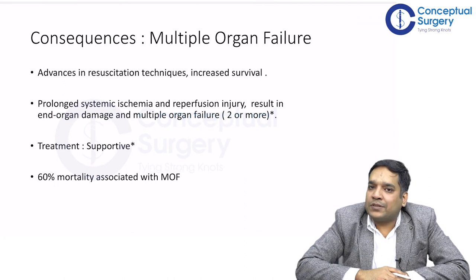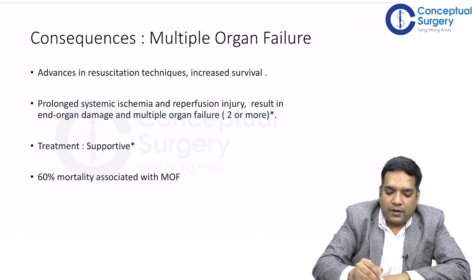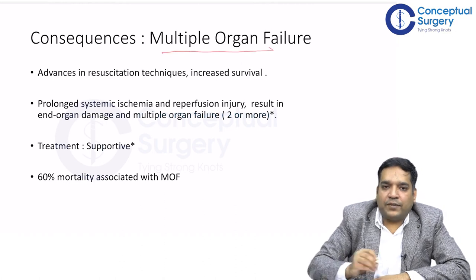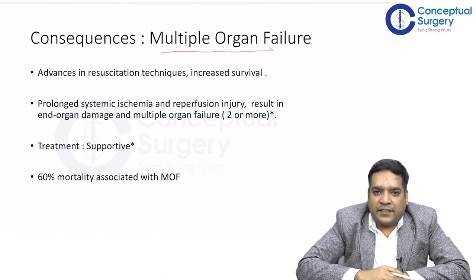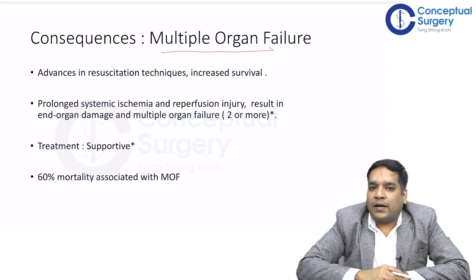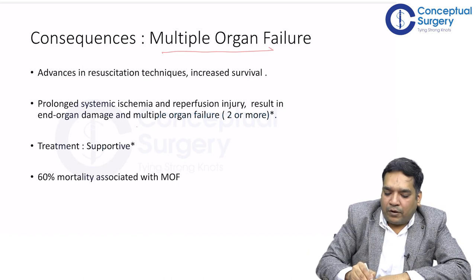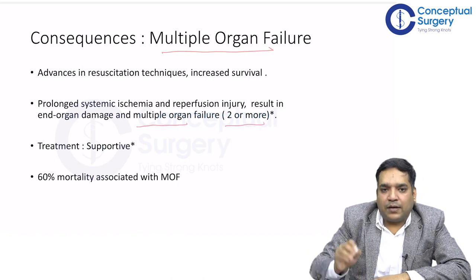So the next consequence of shock is multiple organ failure, right? So it is seen that with the advance in resuscitation technique, the survival has increased, but because of the prolonged systemic ischemia and reperfusion injury, the shock can result in end organ damage and also can lead to multiple organ failure. Multiple organ failure means when two or more organs are impacted, right?